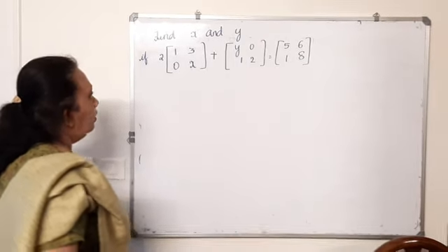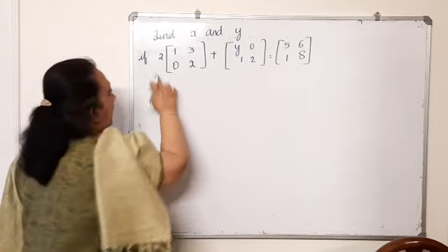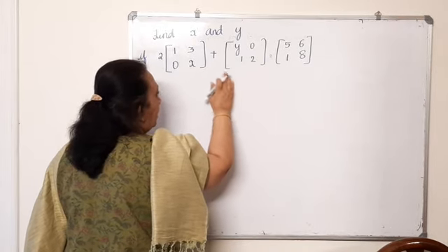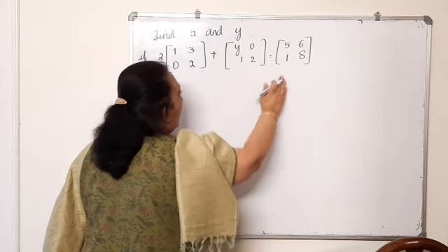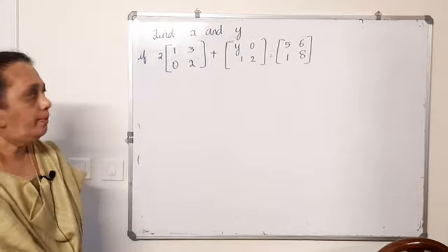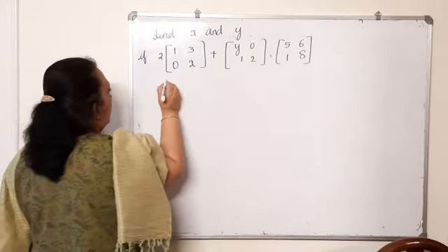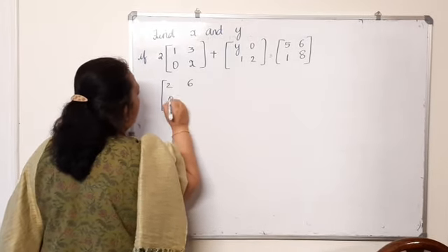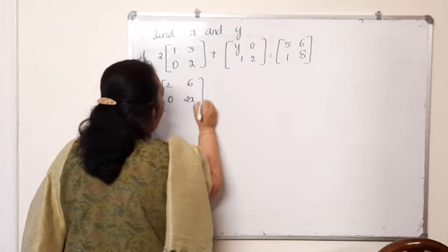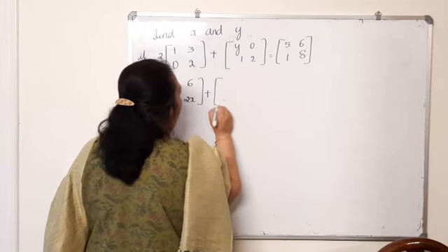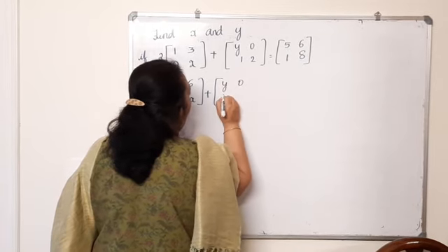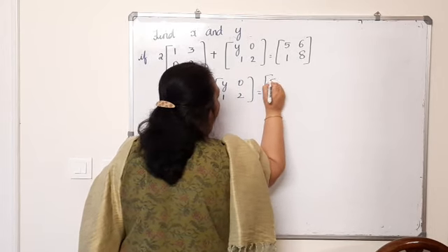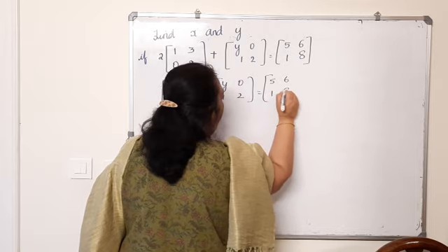So here you have the property of scalar multiplication. LHS, there are two matrices, both are of the same order 2 by 2. RHS is a matrix of order 2 by 2. Scalar multiplication. So this will be 2 6 0 2x plus y 0 1 2 is equal to 5 6 1 8.